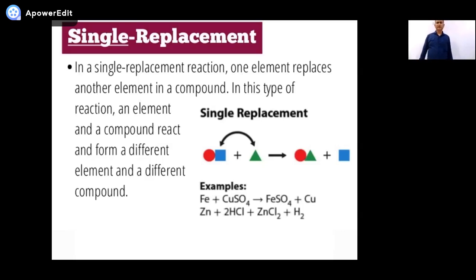See, in the second reaction, zinc is displacing hydrogen, forming zinc chloride and hydrogen. Same is true in the first reaction. The iron being more powerful than copper, it will displace copper and occupy its position. That's why the compound formed would be FeSO4. What do you call it?